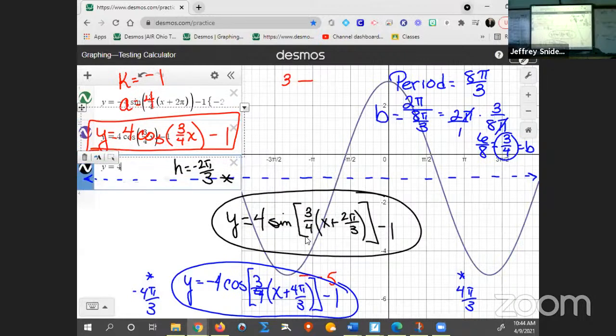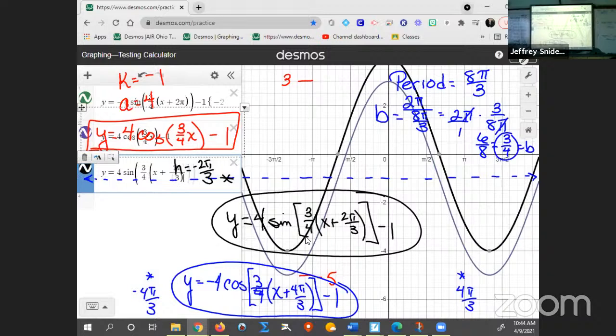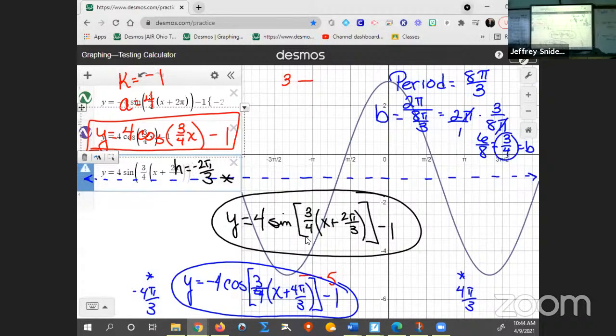Next one. Let's do this one here. Y equals 4 sine of 3/4 parentheses x plus 2 pi divided by 3 parentheses, -1, boop, same graph again.